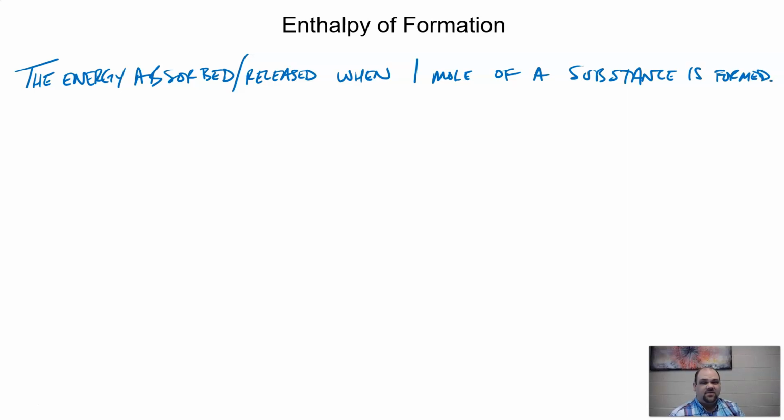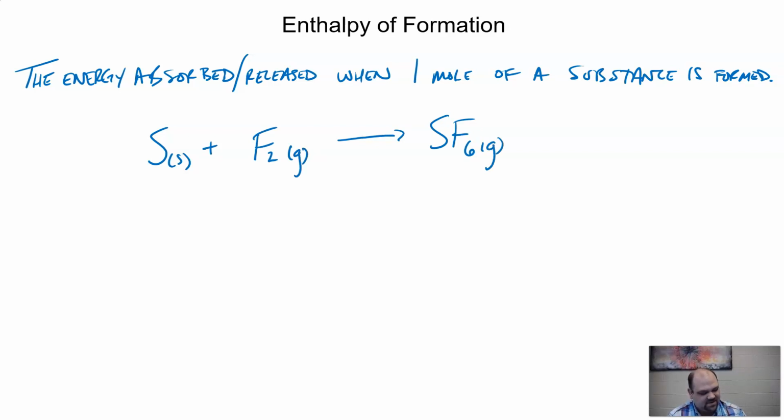Okay, so for example, if we wanted to make a simple compound like sulfur hexafluoride, well, I know that I'm going to make 1 mole of sulfur hexafluoride, SF6. That's going to come from sulfur, which is a solid, and from fluorine, which is diatomic and a gas. This is a gas, by the way. And I got to balance it.